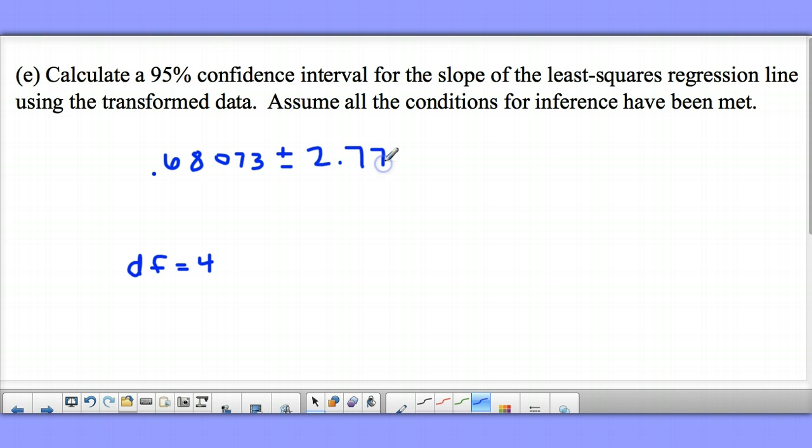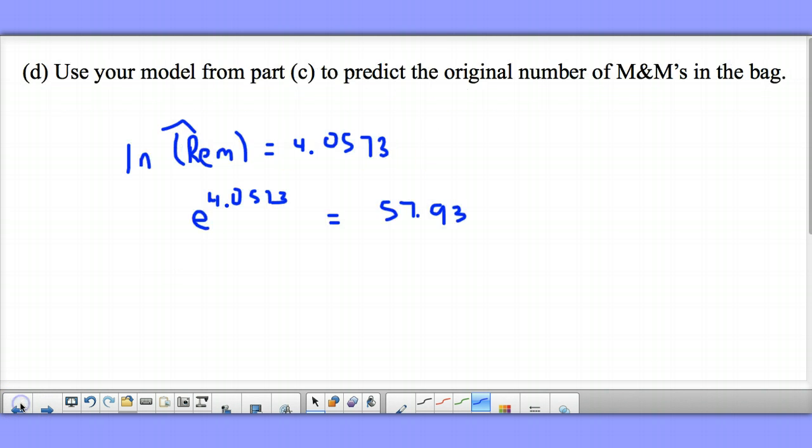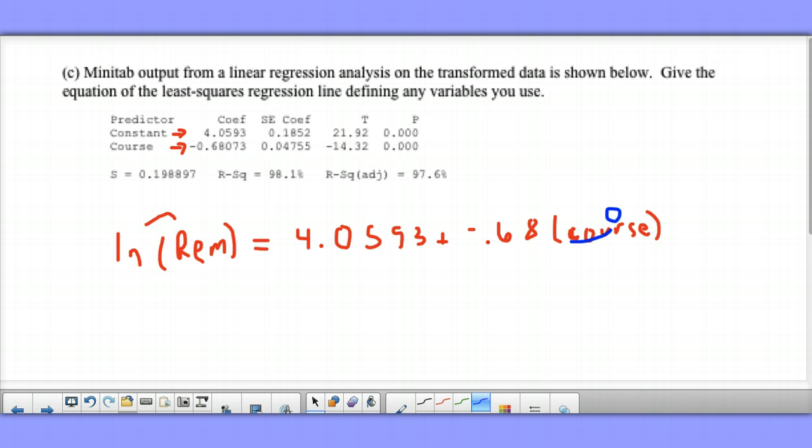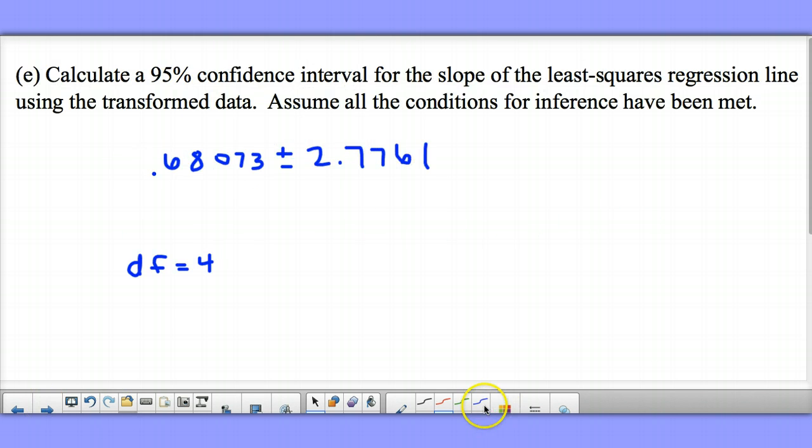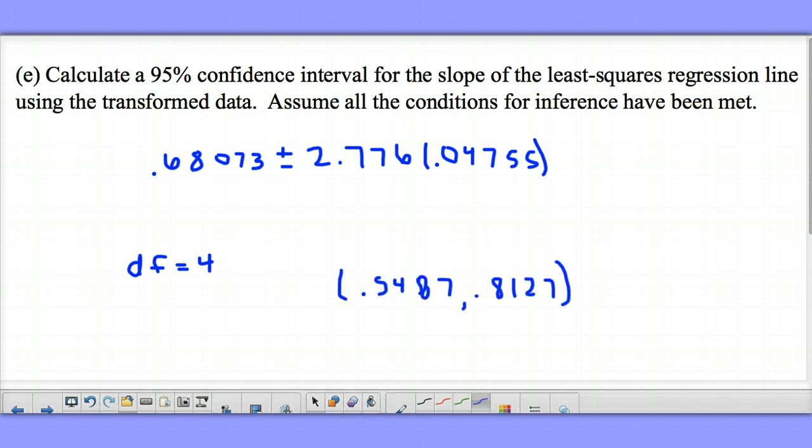And then I'm going to multiply that by the standard error of the slope, which if we go back here, we can see is this value right here, 0.04755. So we've got our point estimate plus or minus our margin of error, and I'm going to pause it here so I can do the calculation.